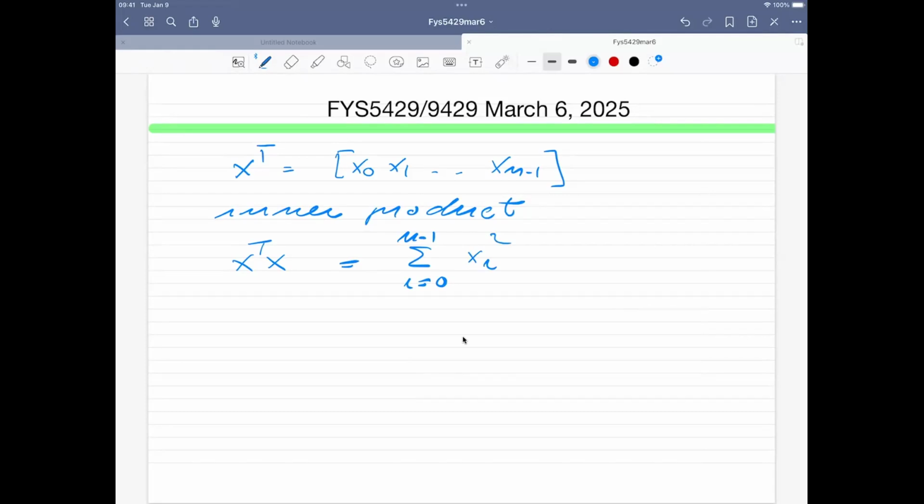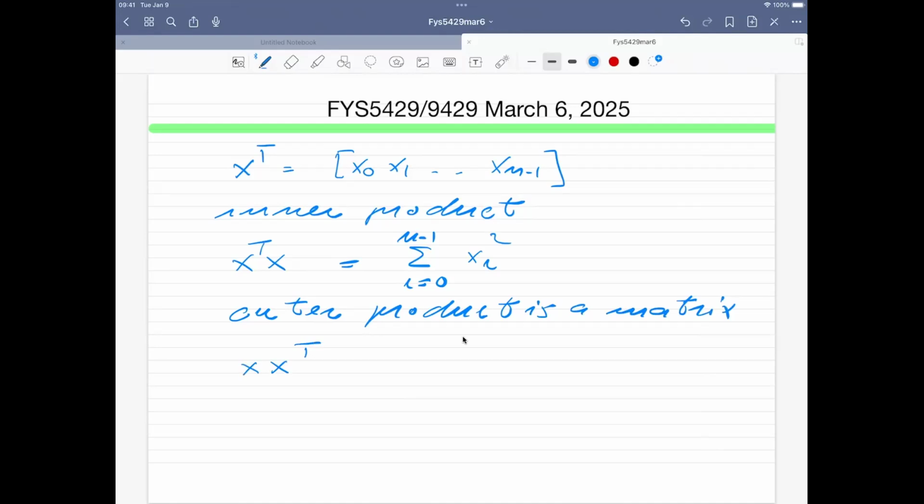Then, if I do a vector times a vector, I can also have the outer product of two vectors. So the outer product is a matrix, and that's often written like x times x transpose.